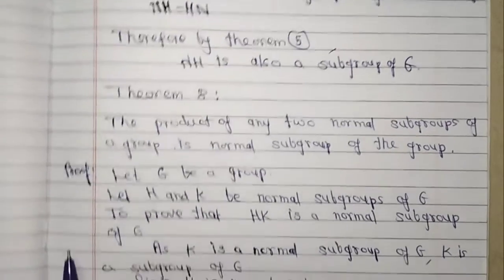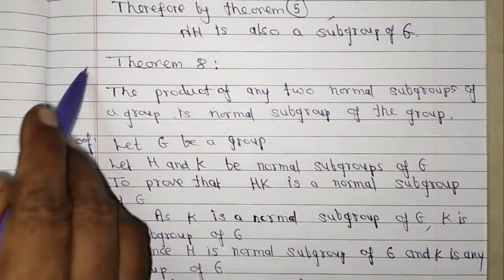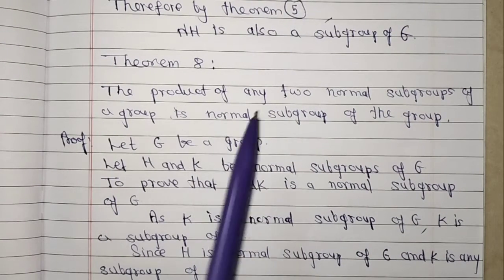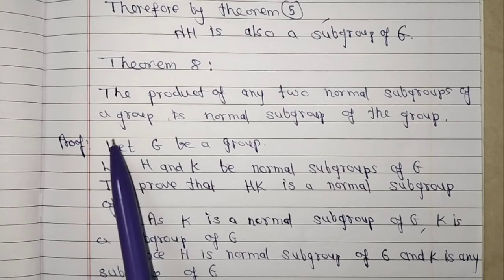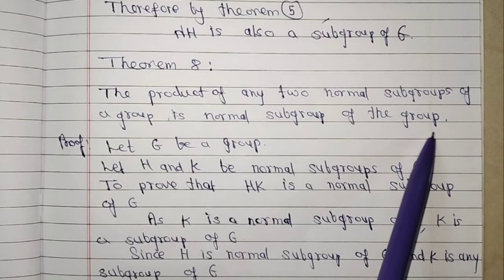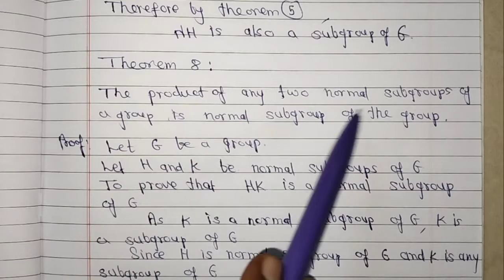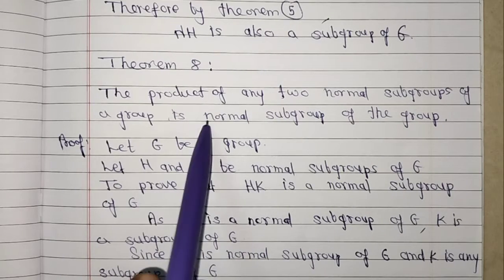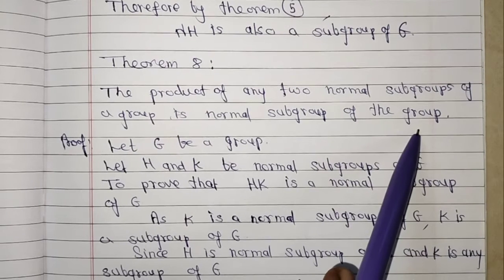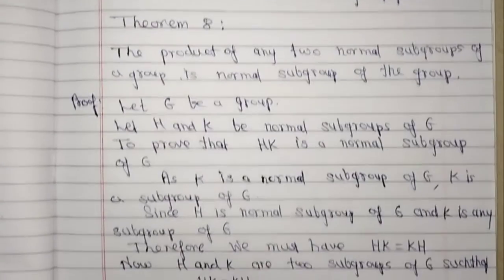Now we consider one theorem. The statement of this theorem is: the product of any two normal subgroups of group G is a normal subgroup of G. That is, the product of any two normal subgroups of G is again a normal subgroup of the group G. Now we consider the proof of this theorem.